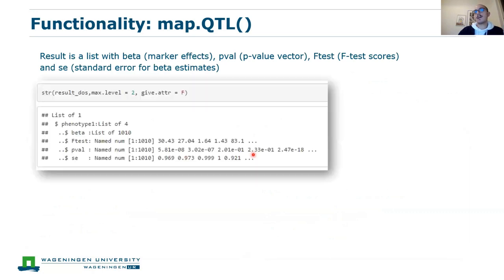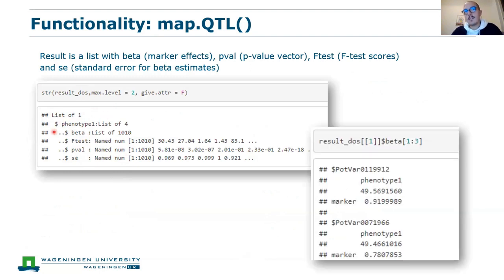The result that you will get is something like this. It is a list where each item is for one of the phenotypes, and you get beta, which is a list of effects for each marker, an F-test score, p-value score, and standard error for the beta estimates. Each item in this beta will be something like this.